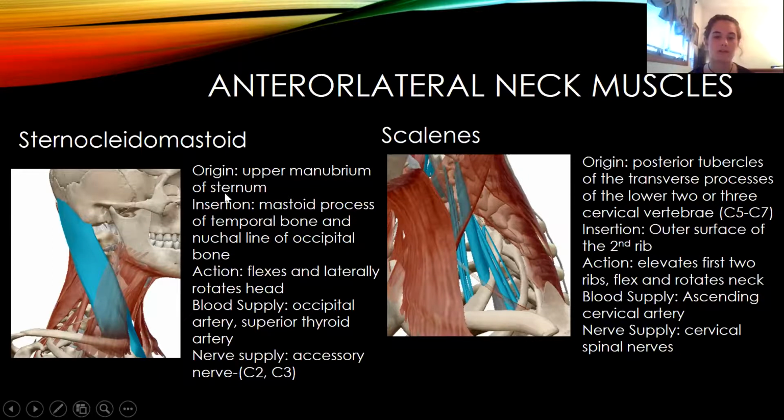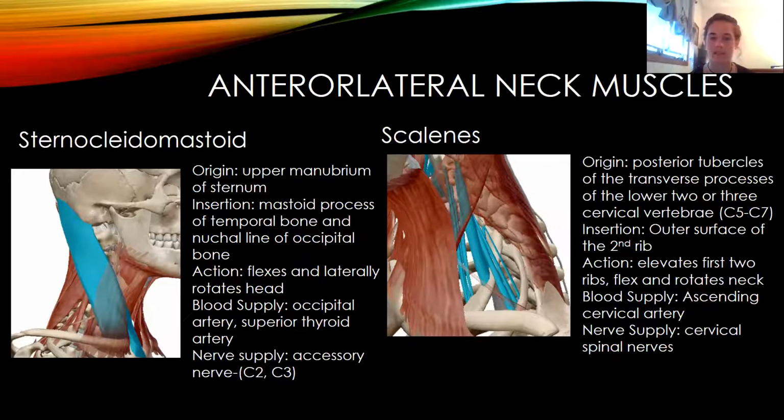The insertion is the mastoid process of the temporal bone and the nuchal line of the occipital bone. The action is that it flexes and laterally rotates the head. And the blood supply for this is the occipital artery and superior thyroid artery, and the nerve innervation is the accessory nerve, which goes through cervical 2 and cervical 3.